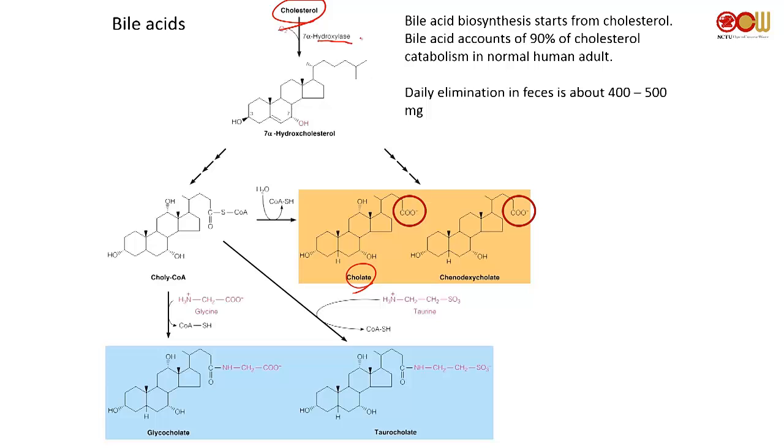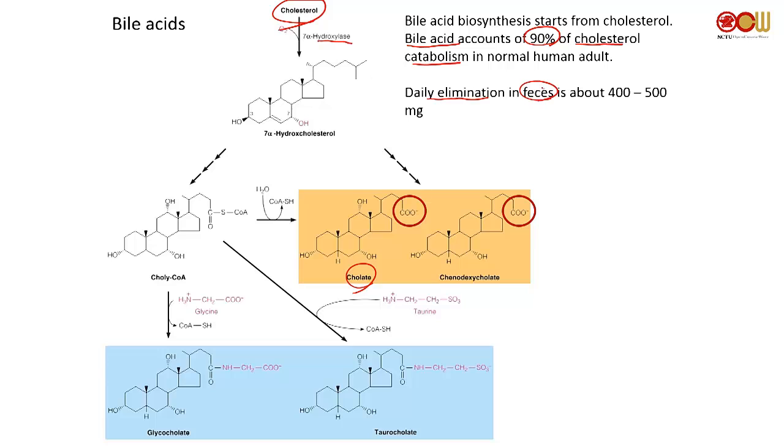Bile acids account for 90% of cholesterol catabolism in a normal human adult. So if your body has too much cholesterol, your body is going to metabolize it into bile acids.